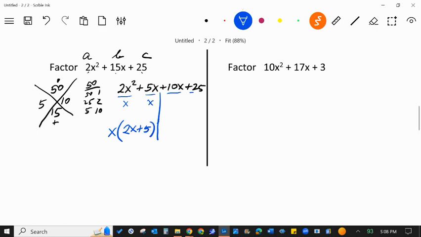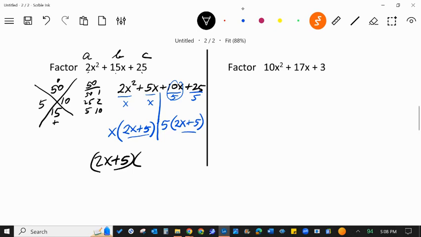On the other one, I can't divide by x's or by 10, but a 5 will go into both of these. So I'm going to have a 5, and that's going to make it 2x here. And 25 divided by 5 is 5. Here is my common factor, 2x plus 5.